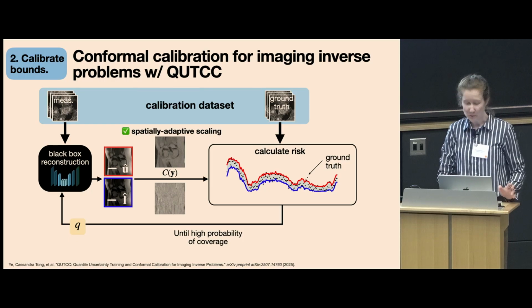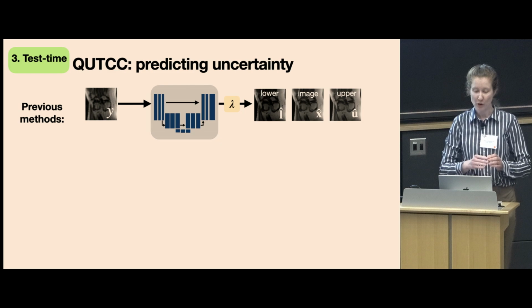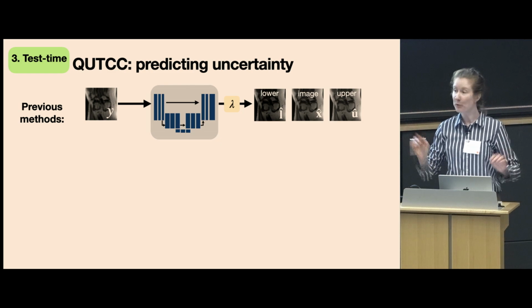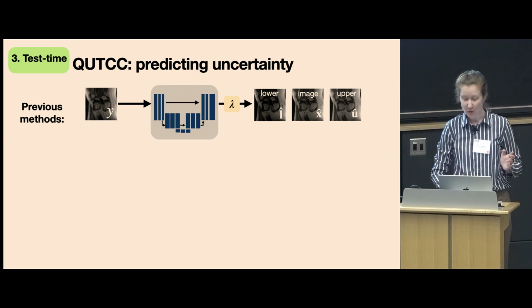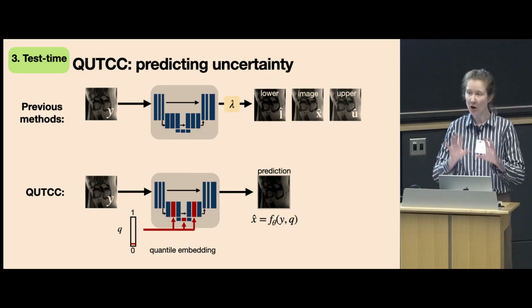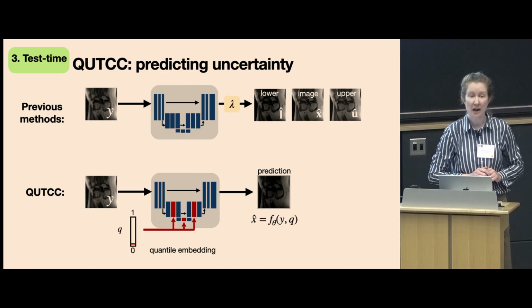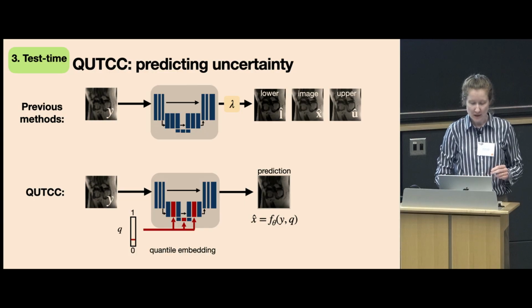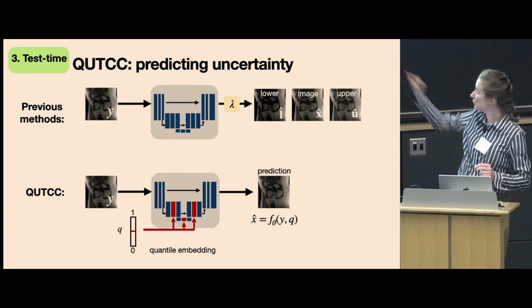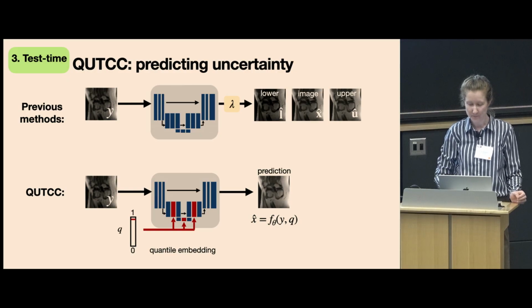So at test time, what this looks like is previous methods would predict all at once a lower and upper bound, but our method now is going to require multiple queries because our network will predict a single image that's conditioned on a quantile between 0 and 1. So if you change the quantile q here, you can see that the prediction is going to change as well.